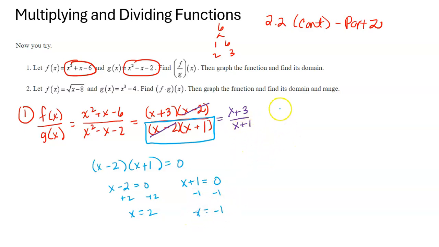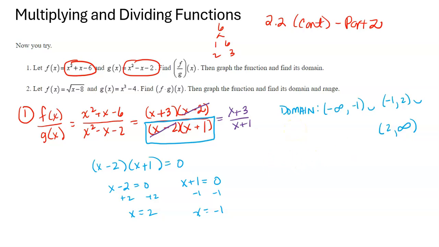So then we know our domain, and if we look back at our graph, we'll see it goes from -infinity to -1, okay, and from -1 to 2, because of this, and from 2 to infinity.